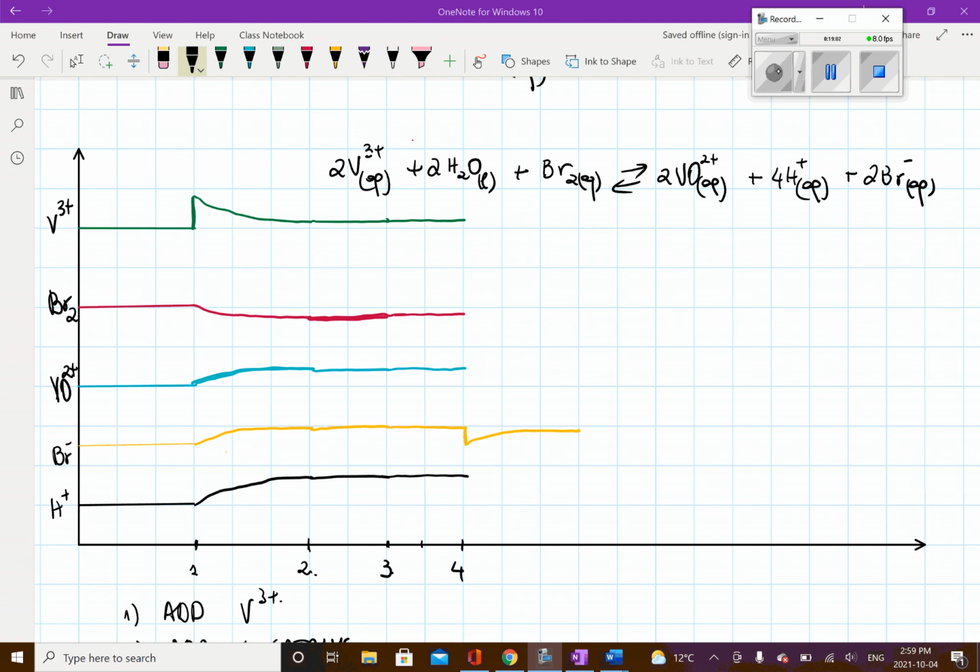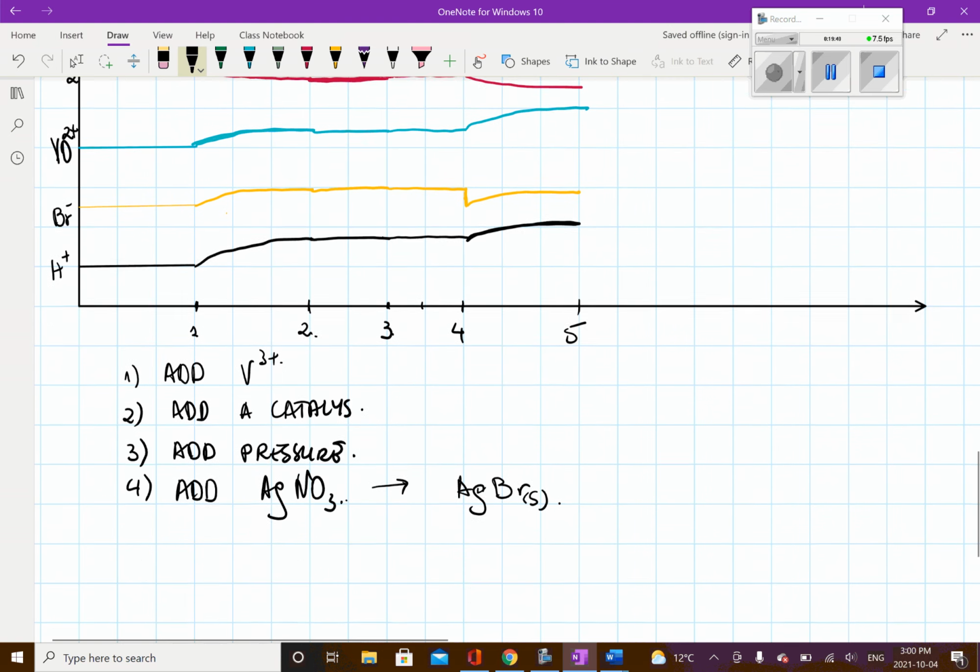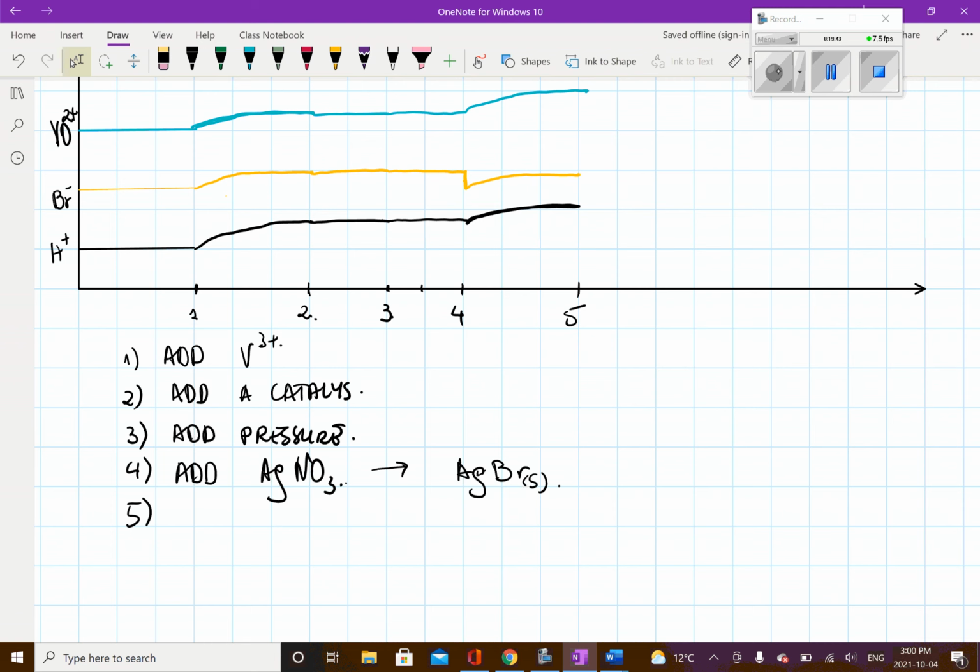So then what we will have is more hydrogen, more VO2 plus, and then less bromide and less V3 plus until the equilibrium is reached at 5, where we introduce a different stress.